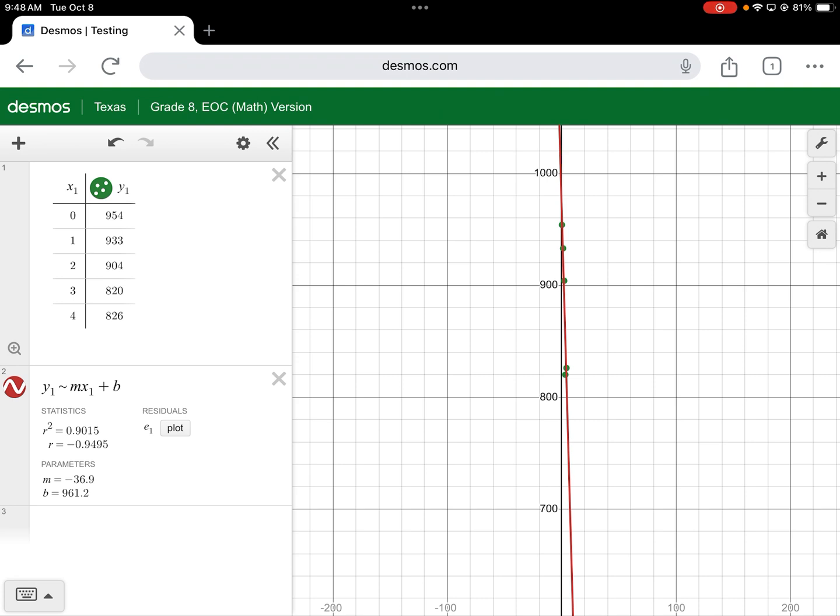Okay, so let's write what is our equation. Our slope is negative 36.9. So let's write our equation.